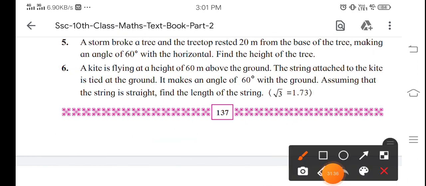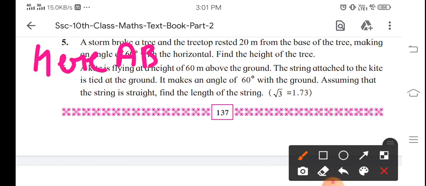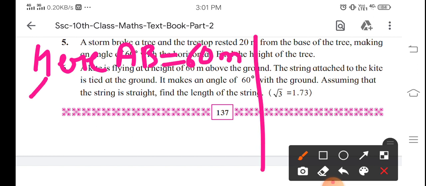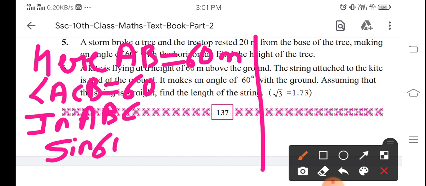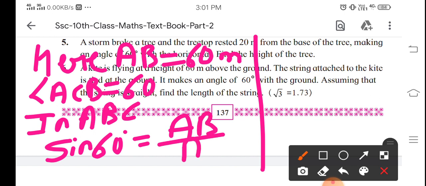So now in the next part, see here what they have given. AB they have given, that is 60 meter, and the angle they have given, that is angle ACB, that is 60. So from the diagram, in triangle ABC, what you are getting is sine only, sine 60. Sine 60 is nothing but opposite upon hypotenuse.